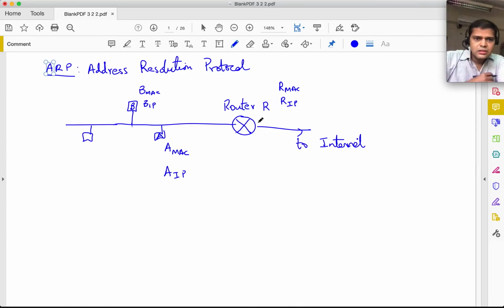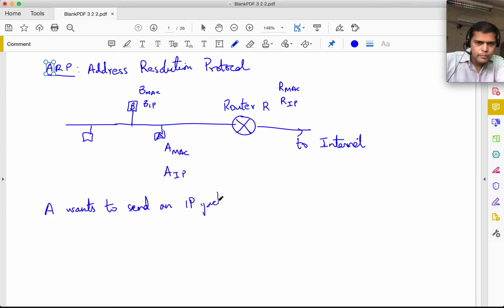So suppose A wants to send a packet to B. Okay. And so let's just write that down. A wants to send an IP packet to B.